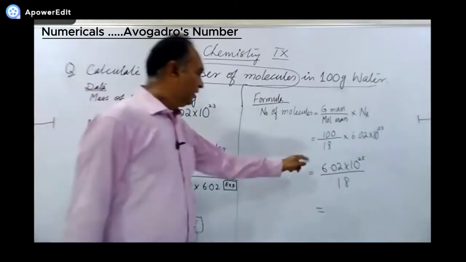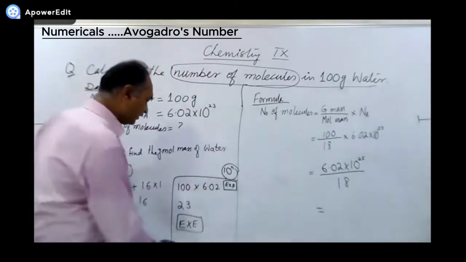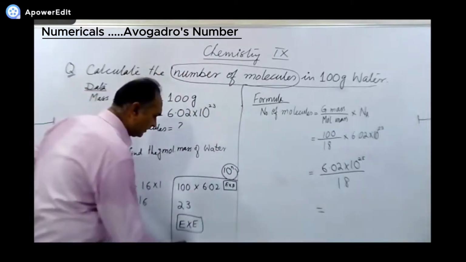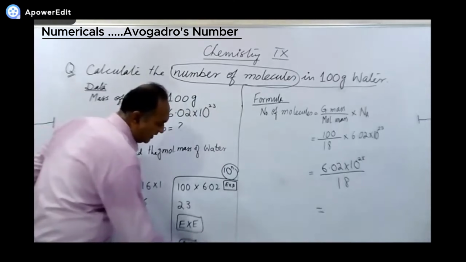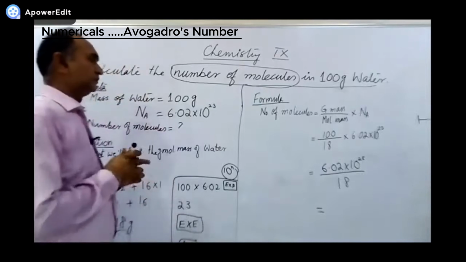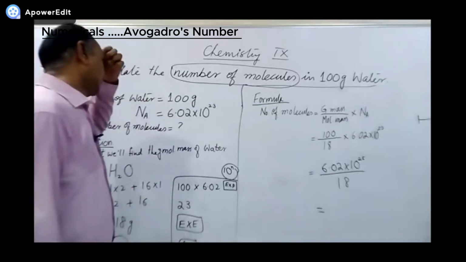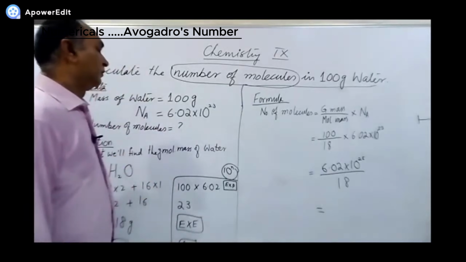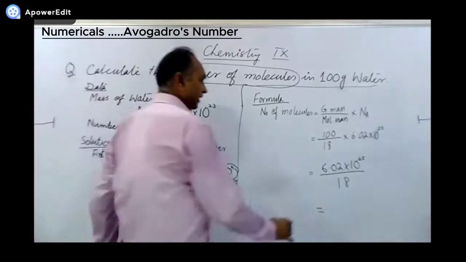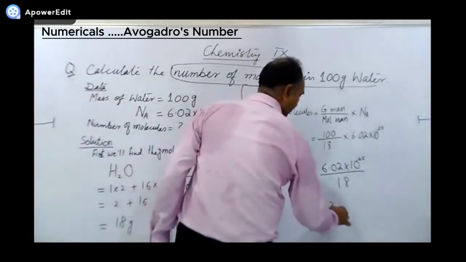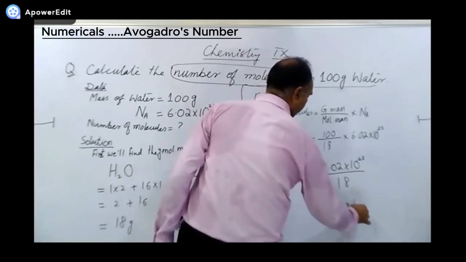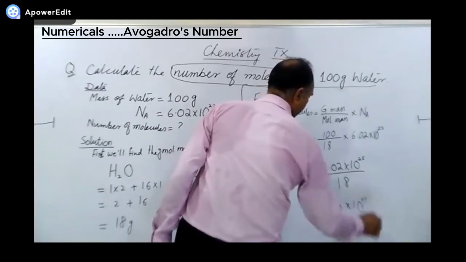Now you will divide the answer, whatever will be the answer that you get, by 18. So you will get 3.33 into 10 to the power 24.